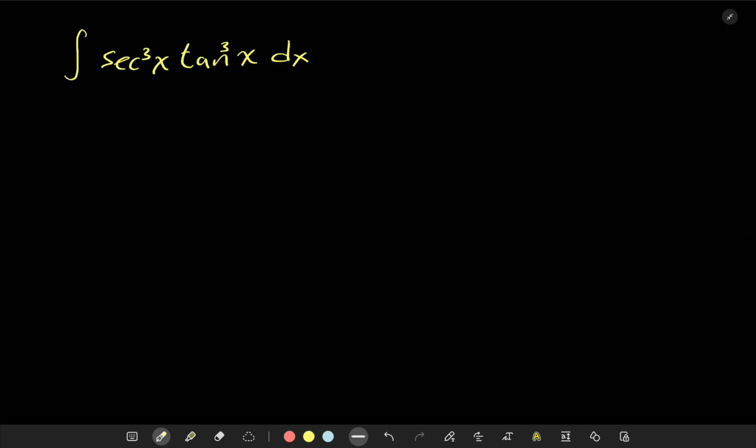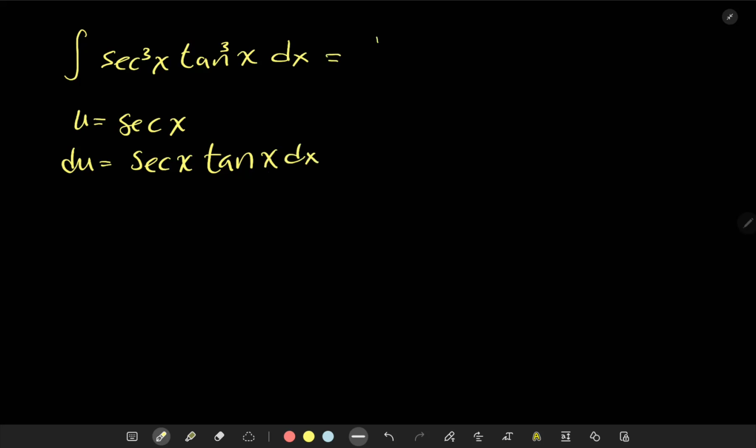All right, so what I would like to do in this situation is u equals secant of x. And then the du, remember, is going to be secant x tangent x, the derivative of the secant, and then dx. So I'm going to separate out one secant tangent.